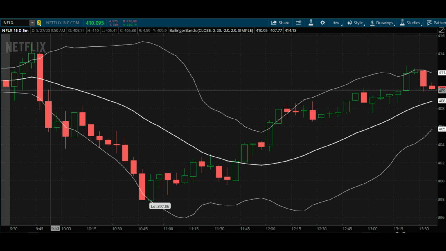So if we pick up a stock or a cryptocurrency coin at this point, then we would hold it over the duration of time in which price action is making its way back up to the top of the Bollinger Band. Now at the top or close to the top of the Bollinger Band would be a good point at which to exit the trade.